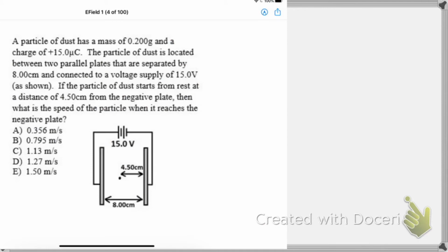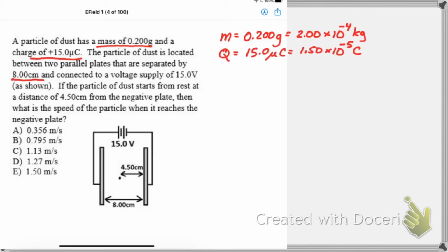Let's go to an electric field question. Now this one's a different type of question, and you can kind of tell because just look at the sheer number of known values I give you. There's a lot of them in here. We got a mass in grams, need to convert that to kilograms. We got a charge in microcoulombs, which we need to convert to coulombs.